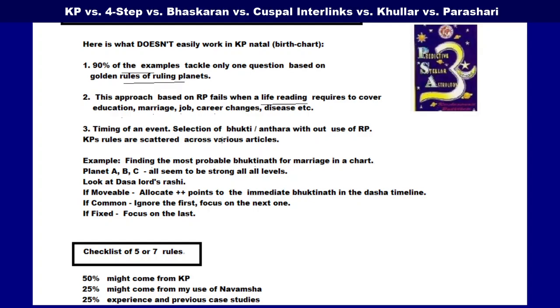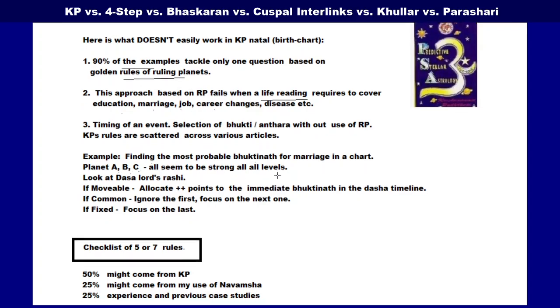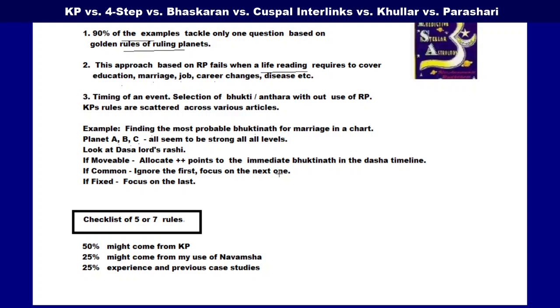So in KP, if you look at the list of significators and find that planets A, B, C all seem to be strong significators at all levels for marriage, now you are confused. You are not taking the help of the ruling planets because you are doing a life reading.